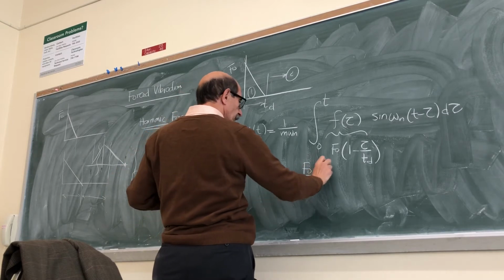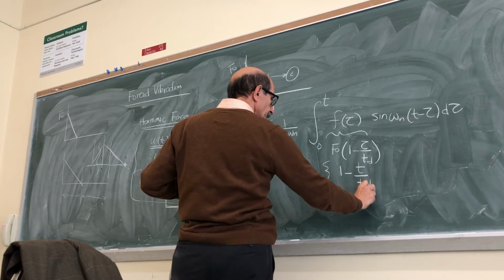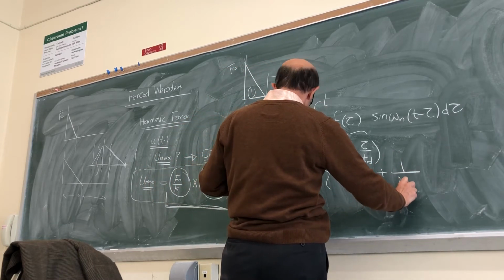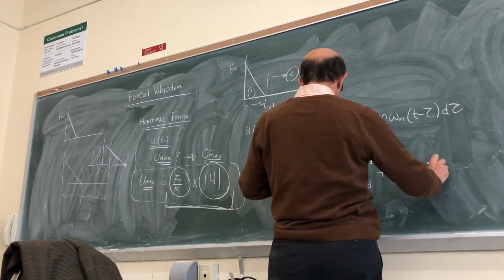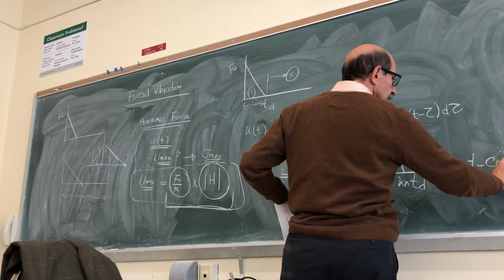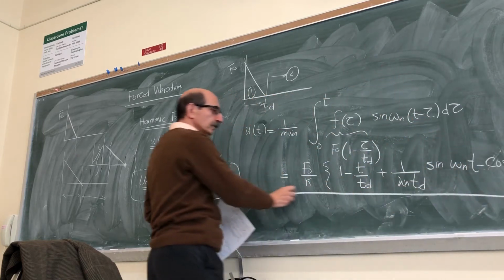And we saw how, using integration by parts and so on, this resulted in a function like this: t over t_d plus 1 over omega_n t_d, okay, sine omega_n t minus cosine omega_n t, right? So this is what we derived last time.